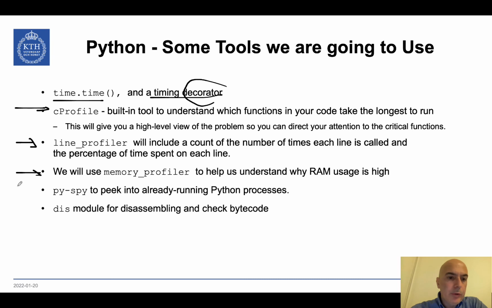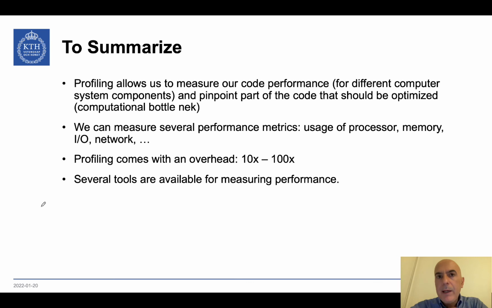We're going to look at a tool to look at the processes and the usage of different computer system parts by different processes, called PySpy. And finally, we're going to look at some tools to analyze the low-level code that is generated by the Python interpreter.